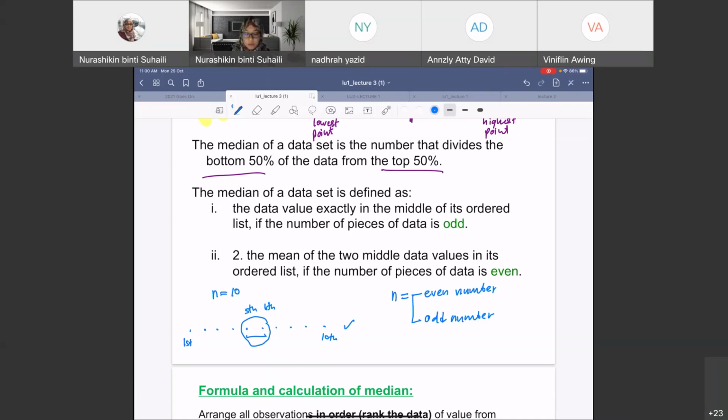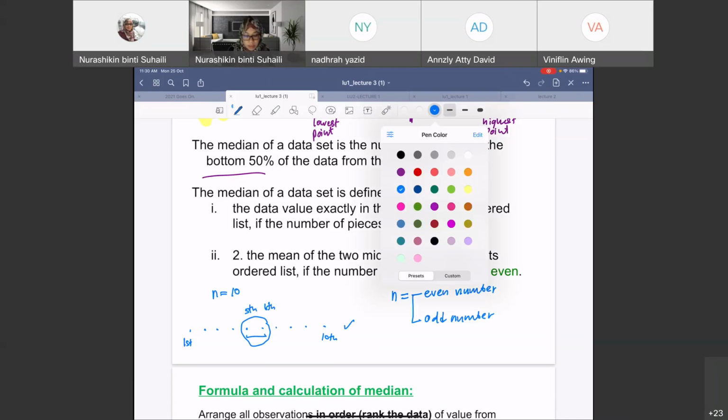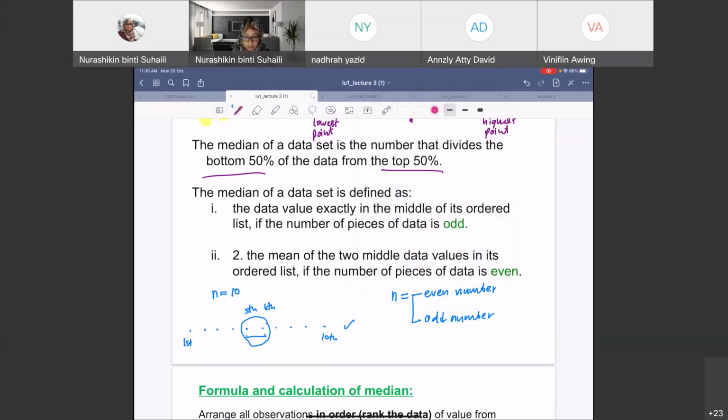But for an odd number, it's not a problem. Let's say the number of data is 11, yeah? N is equal to 11. So you have 1, 2, 3, 4, 5, 6, 7, 8, 9, 10, 11. So this is first, this is 11. It will sit in the middle. 1, 2, 3, 4, 5.